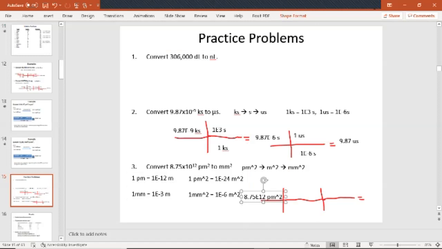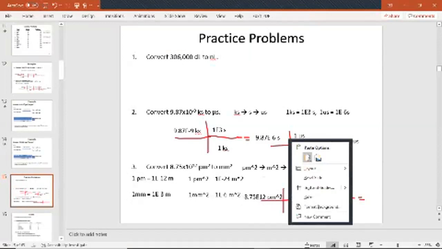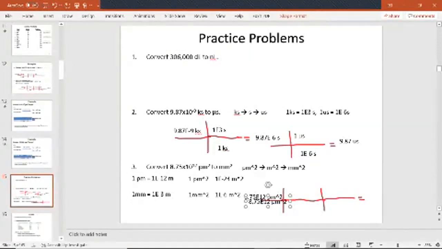So since we're starting with picometers squared, from our conversion factor, it goes on the bottom. And meters squared goes on top.